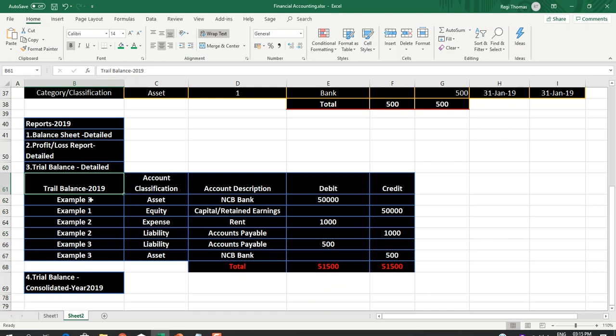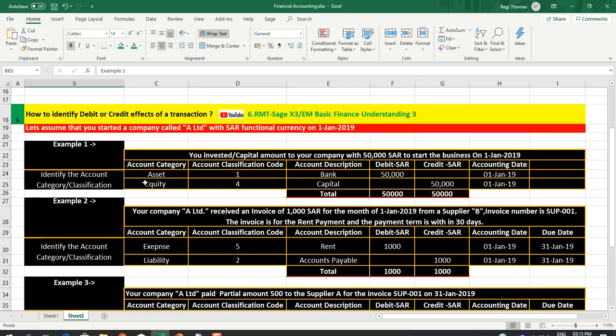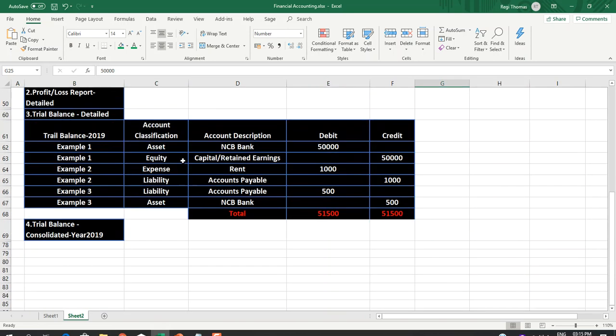In our first example, there are two categories affected, that is bank and capital, with debit and credit. The same way, in the asset, 50,000 is debited and the other one was an equity account, so that is credited.